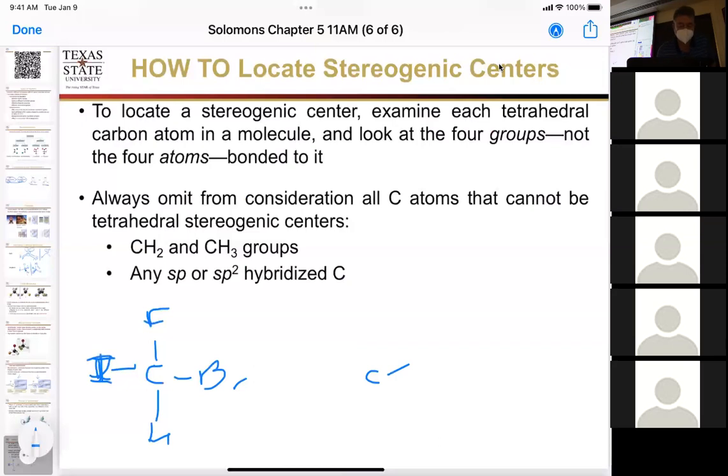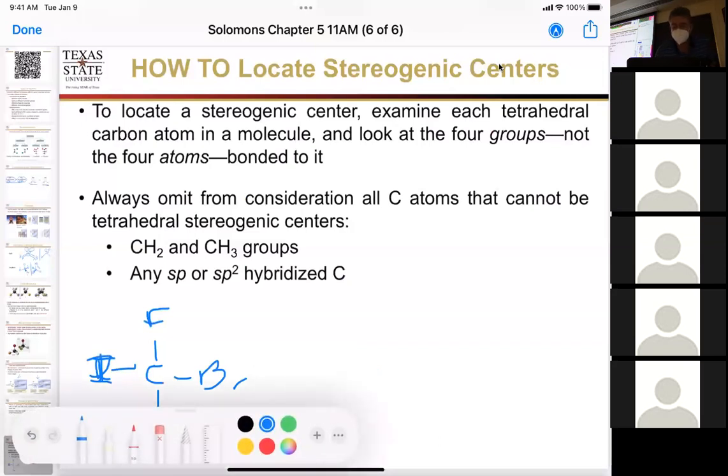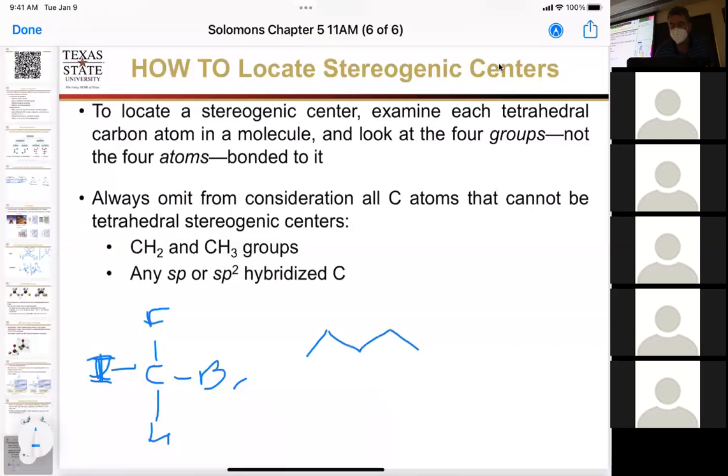Let me draw it differently. Bromine. So is there a stereogenic center in here? Well, let me draw the hydrogen for you.